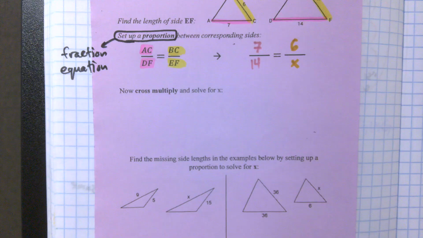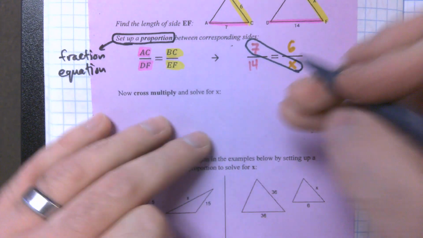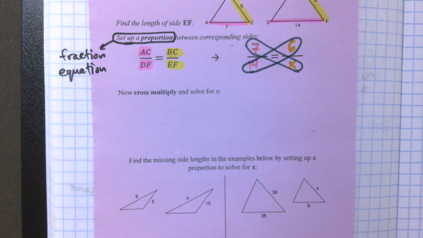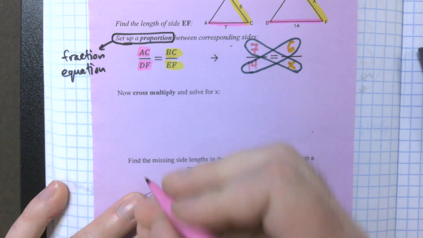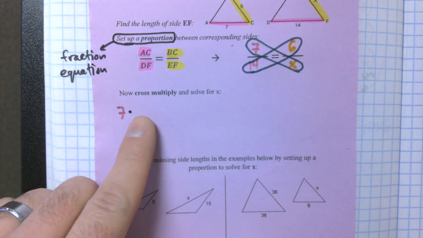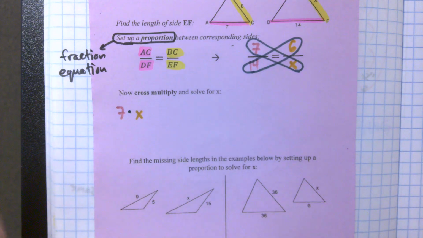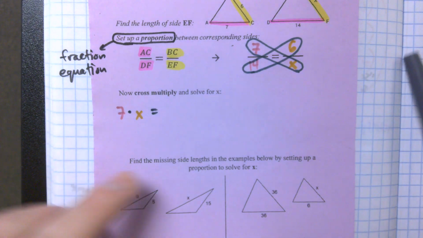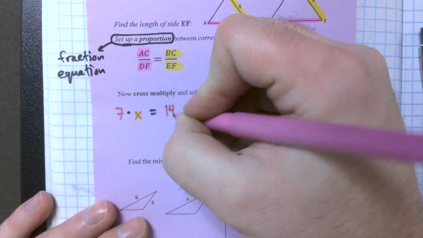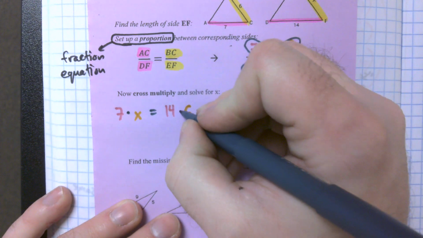If I cross multiply, I'm going to make a little bubble X with my terms here. On one side, I'm going to have 7 times x equals, on the other side, 14 times 6.